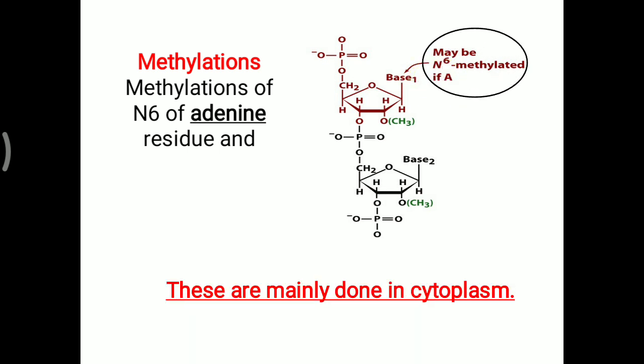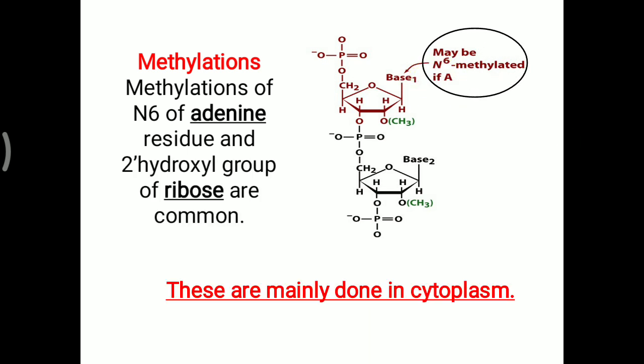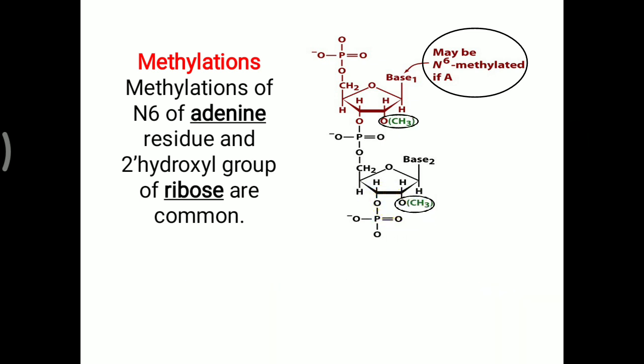Further, methylation also occurs on the 2' hydroxyl group of the ribose. In this ribose sugar, a methyl group is attached on the 2' carbon. That is called methylation. You have to remember that methylation occurs on the adenine and ribose of the RNA.